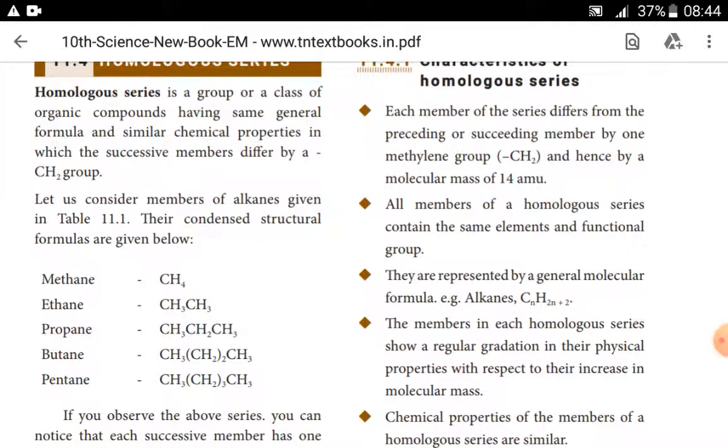First point, each member of the series differs from the preceding or succeeding member by one methylene group, CH2, so the molecular mass differs by 14. A homologous series contains the same elements, carbon and hydrogen, the same functional group, and the same general molecular formula: alkane CnH2n+2, alkene CnH2n, alkyne CnH2n-2.